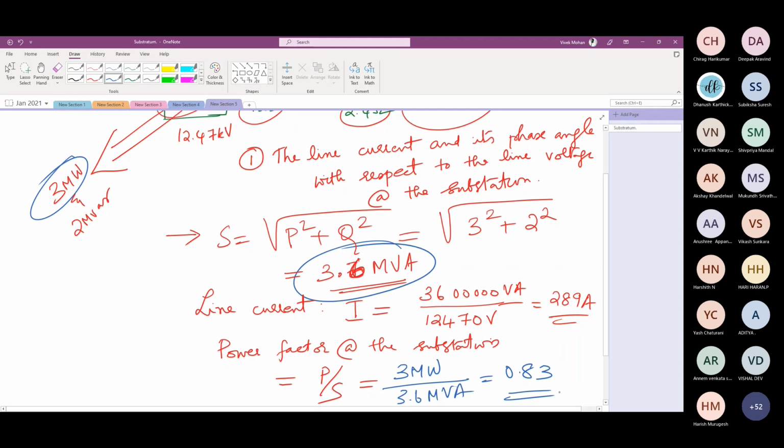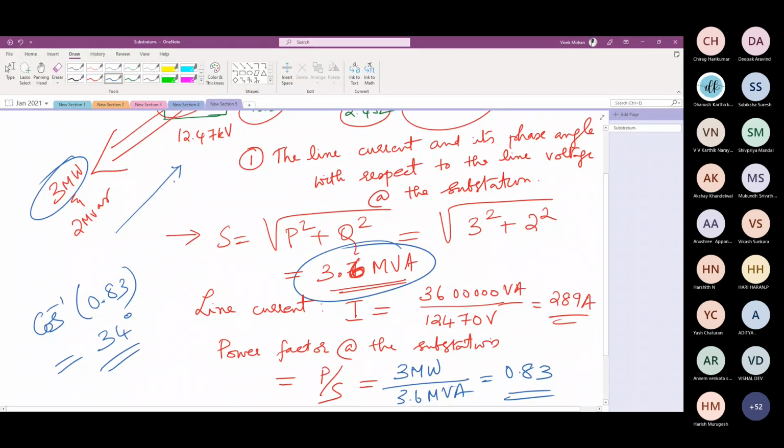Now you are asked to find the phase angle between voltage and current at the substation. How will you find it? Cos inverse 0.83. What is the phase angle? 34 degrees. Good. So I'm going to draw my vector.